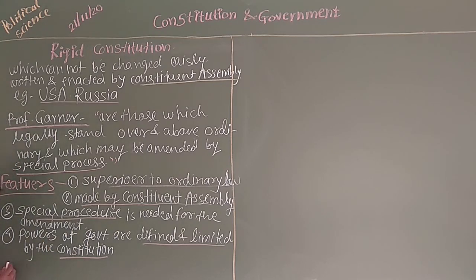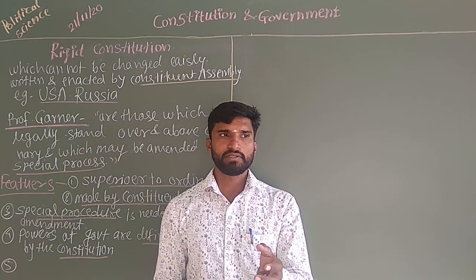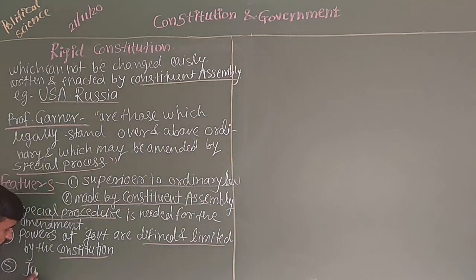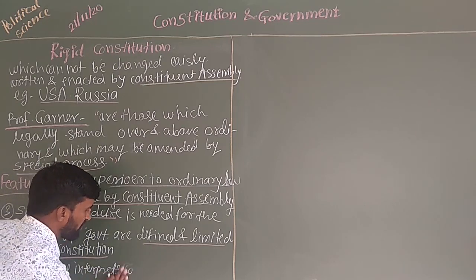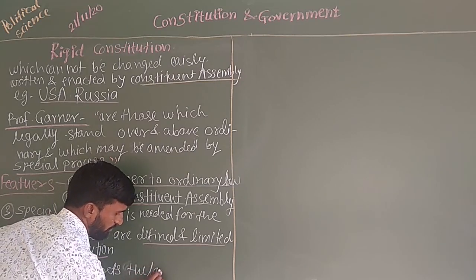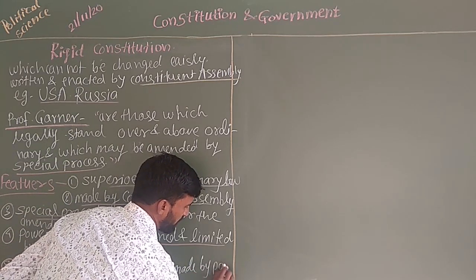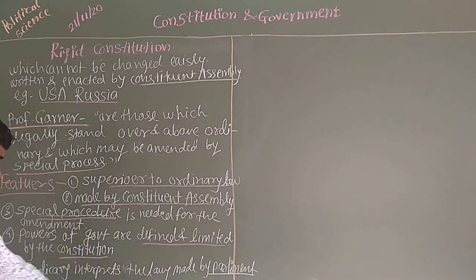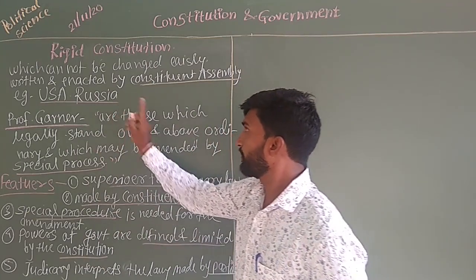Interpretation means judgment. When a law is made, the judiciary examines whether it is right or not, according to the Constitution, and looks into justice. The judiciary interprets the laws made by the Parliament, the laws made by the members of Parliament, and those laws can be judged by the judiciary. So this is about the rigid constitution.